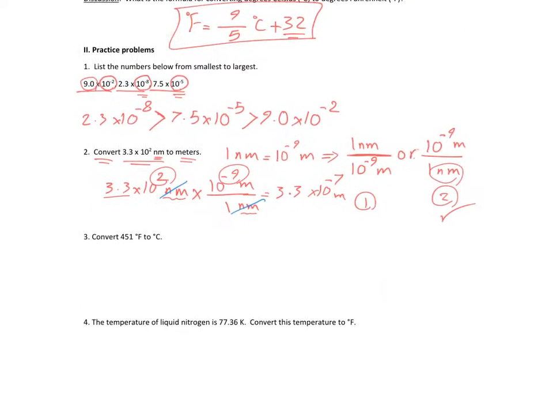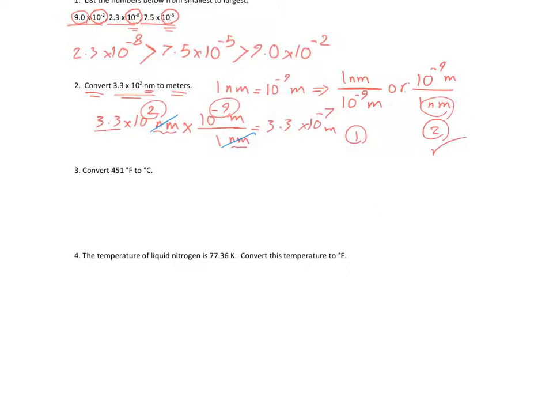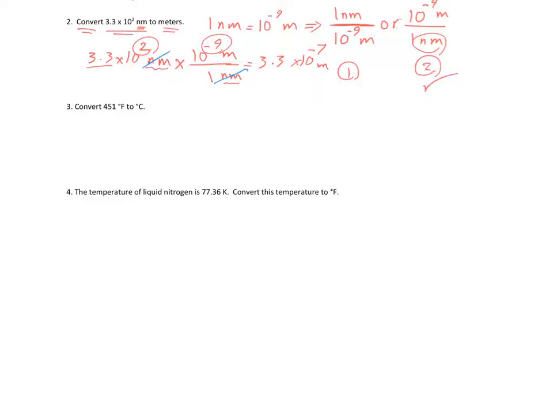Okay. So the next question is to convert 451 Fahrenheit to Celsius. We had this formula, 9/5 degrees Celsius plus 32. We have to solve it for Celsius.